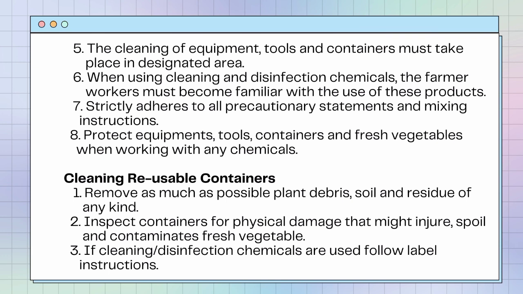Cleaning reusable containers. Number 1. Remove as much as possible plant debris, soil, and residue of any kind. Number 2. Inspect containers for physical damage that may injure, spoil, or contaminate fresh vegetables. Number 3. If cleaning and disinfection chemicals are used, follow label instructions.